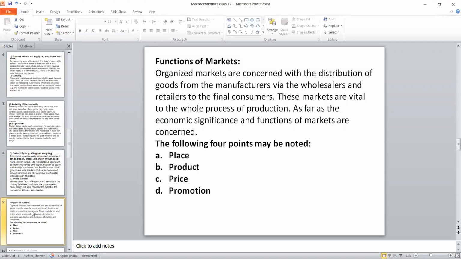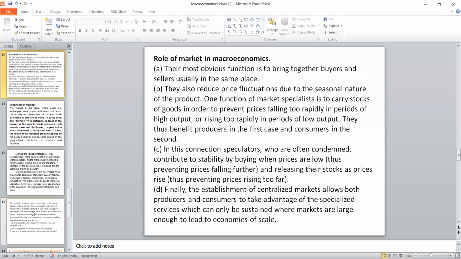So there are four stages: manufacturing stage, wholesale market, retail market, and finally the actual market. These markets are vital for completing the list of functions done by the market. Then once again, I am extending the first four in four different ways. This is called the role of market in macroeconomics.